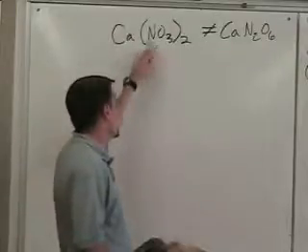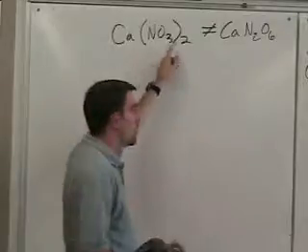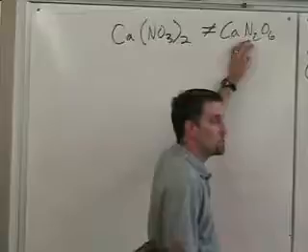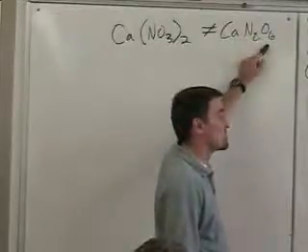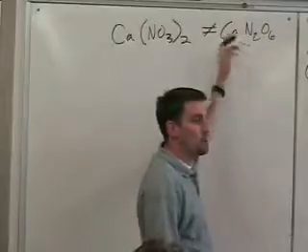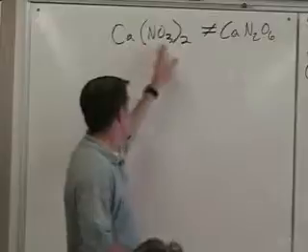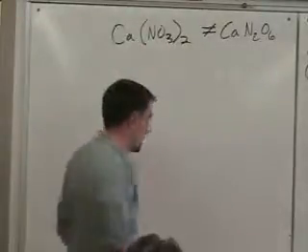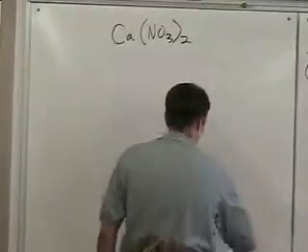It bonds to 2 separate NO3s. This says that calcium bonds itself twice to nitrogen and 6 times to oxygen, which means it would have to have 8 places to bond, and that doesn't exist in our universe. So, notation in chemistry is extremely important.